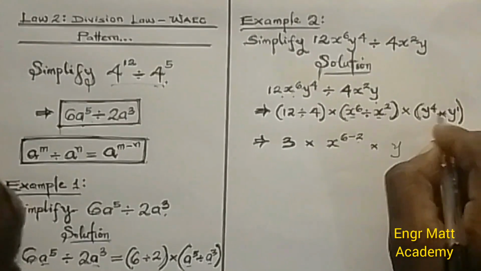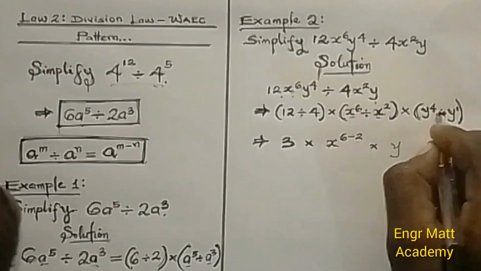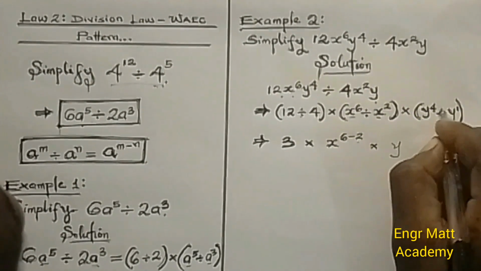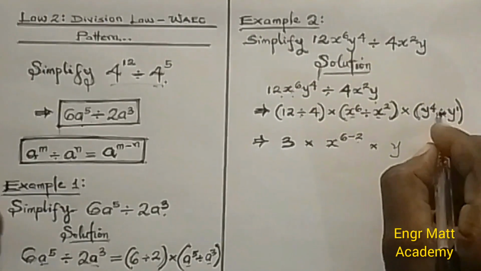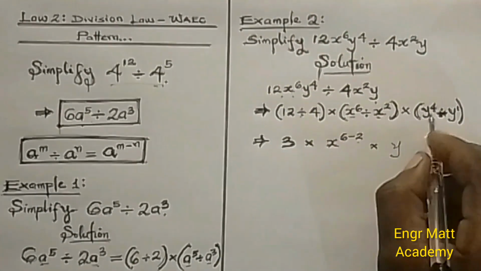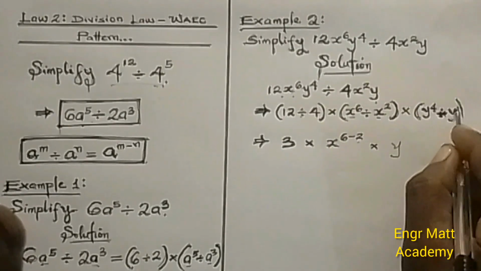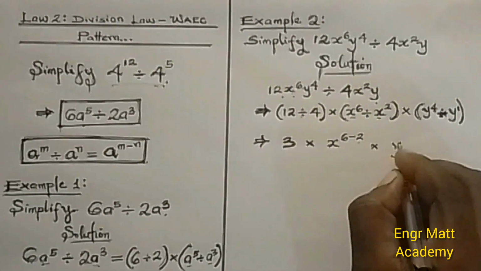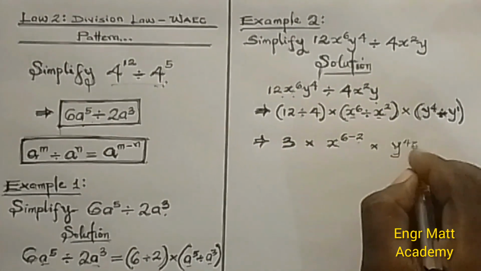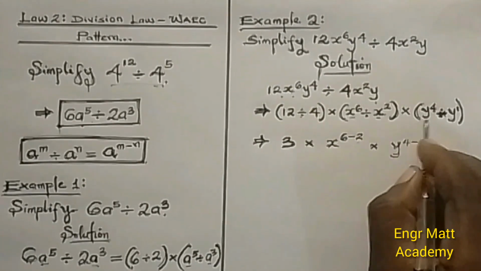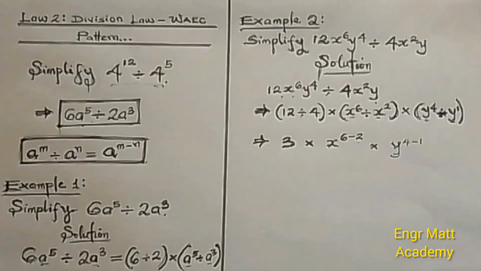Sorry, this one is supposed to be division, and division is what we are doing, so the division sign is supposed to be here. So y raised to power 4 divided by y raised to power 1 will be y to the power 4 minus 1, because the base y is the same.